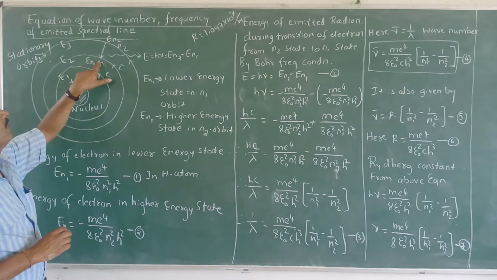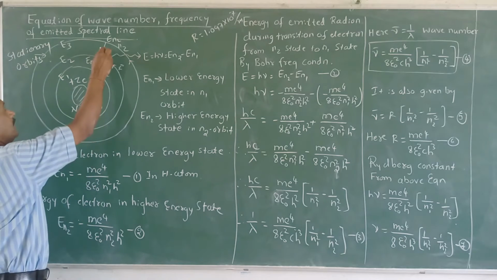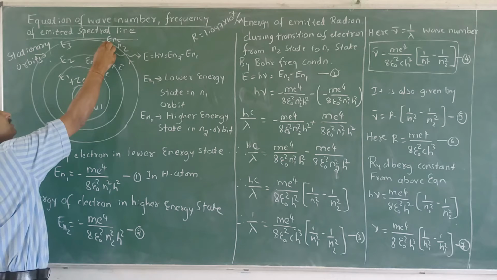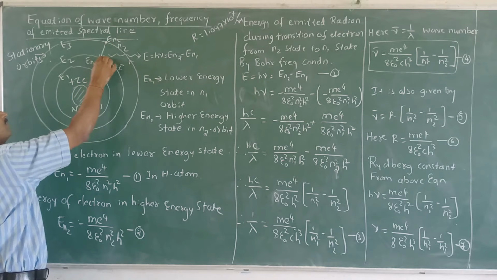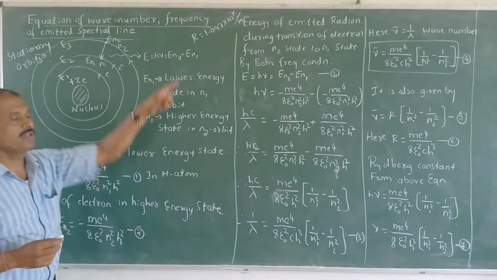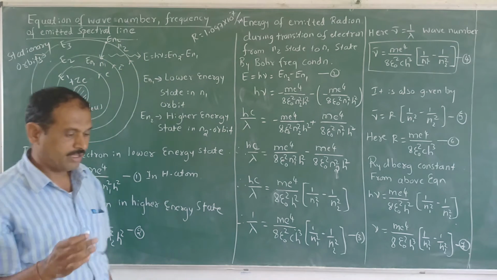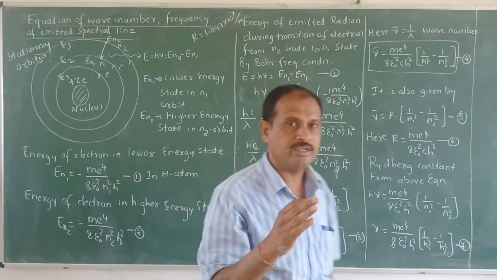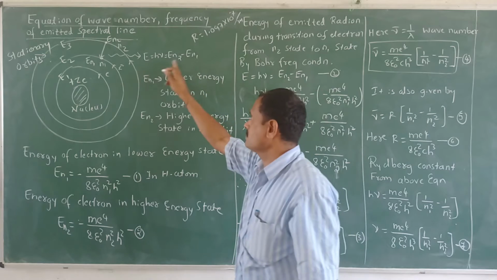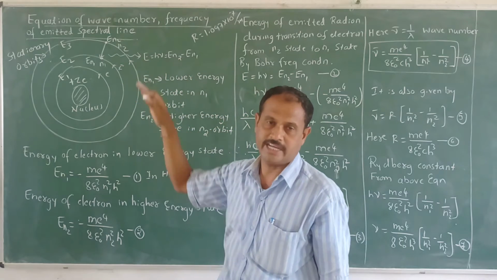Now, according to Niels Bohr's postulate, when an electron transition takes place from a higher energy state to a lower energy state, it emits electromagnetic radiation. That emitted electromagnetic radiation energy is equal to the difference in the two energy states.